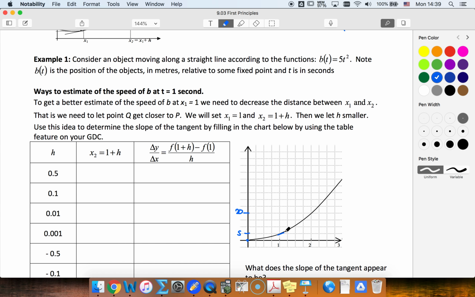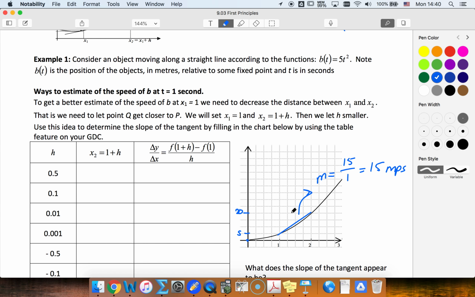So if I drew in a secant and found this slope, I know of course speed is distance over time. So right now, the slope of this line is going to be, we've gone a distance of 15 meters over 1 second. So we might say that our speed is 15 meters per second.